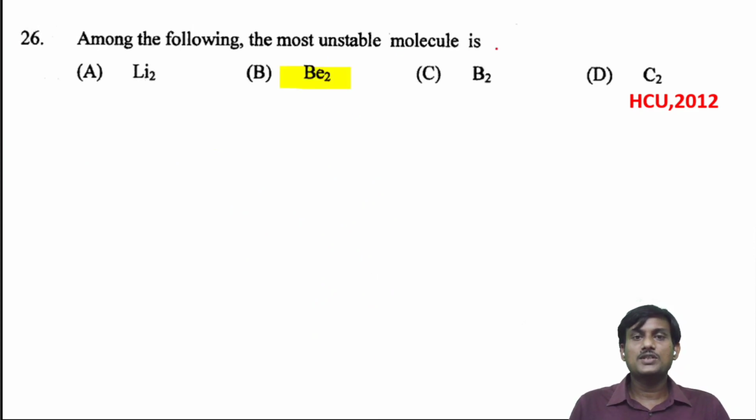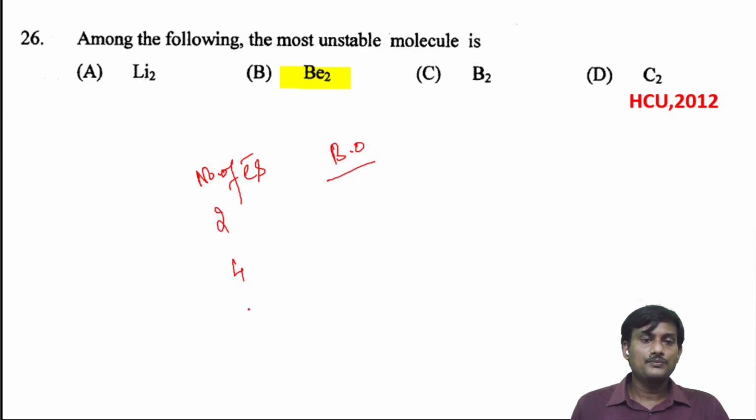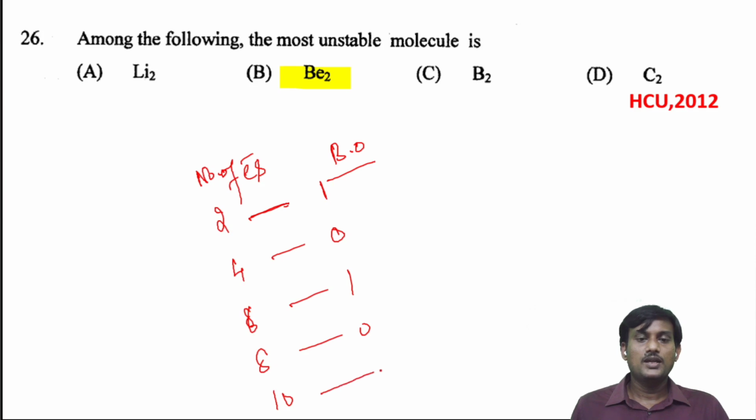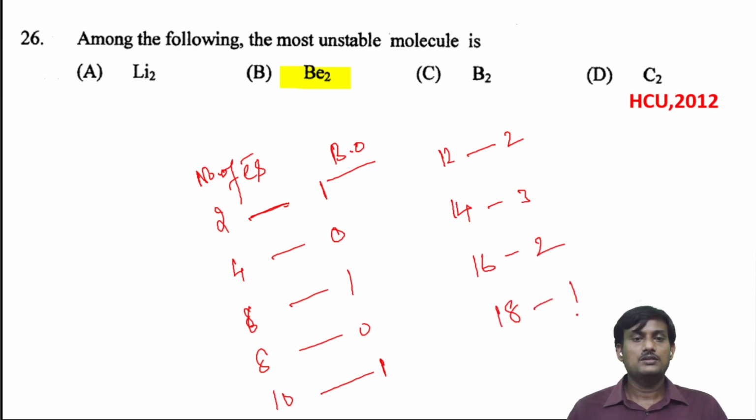Among the following, the most unstable molecule is. So let's take the number of electrons in the molecules and bond order. For 2 electrons the bond order will be 1, 4 electrons 0, 6 electrons 1, 8 electrons 0, 10 electrons 1, 12 electrons it will be 2, 14 electrons it will be 3, 16 electrons it will be 2, and 18 electrons it will be 1.